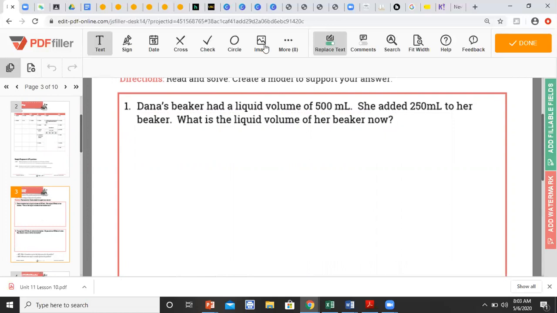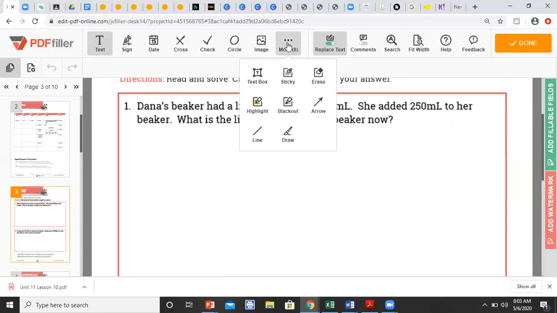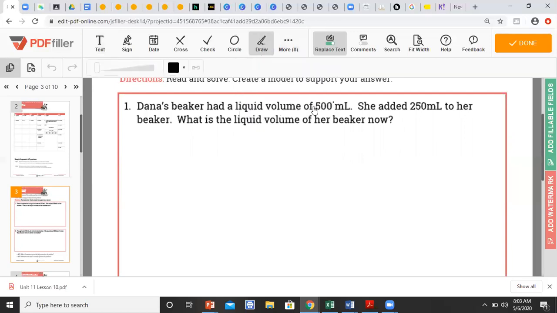As we know, boys and girls, when we are doing word problems, we want to circle our numbers, and then we are going to underline our question. Our question is, what is the liquid volume of her beaker now?